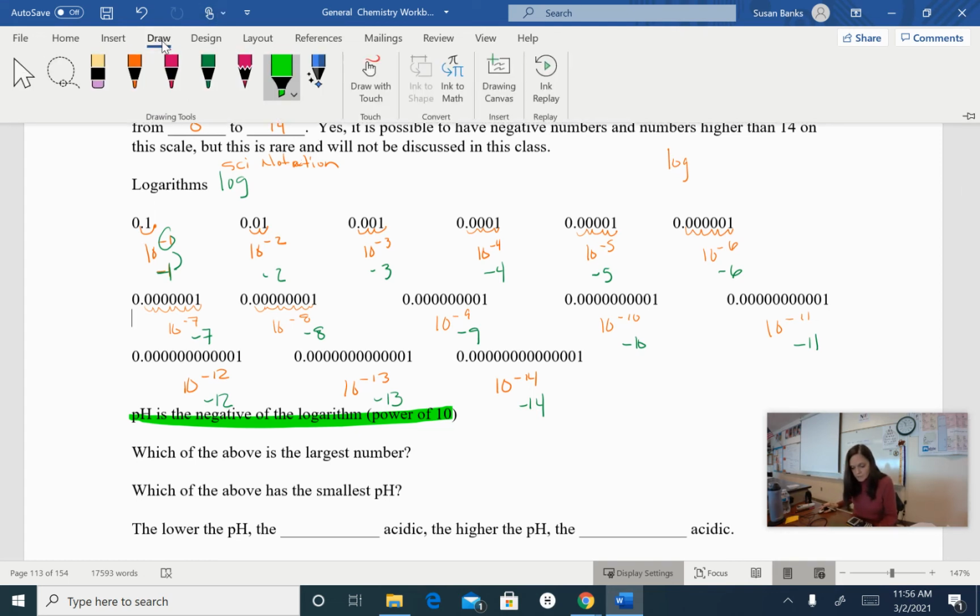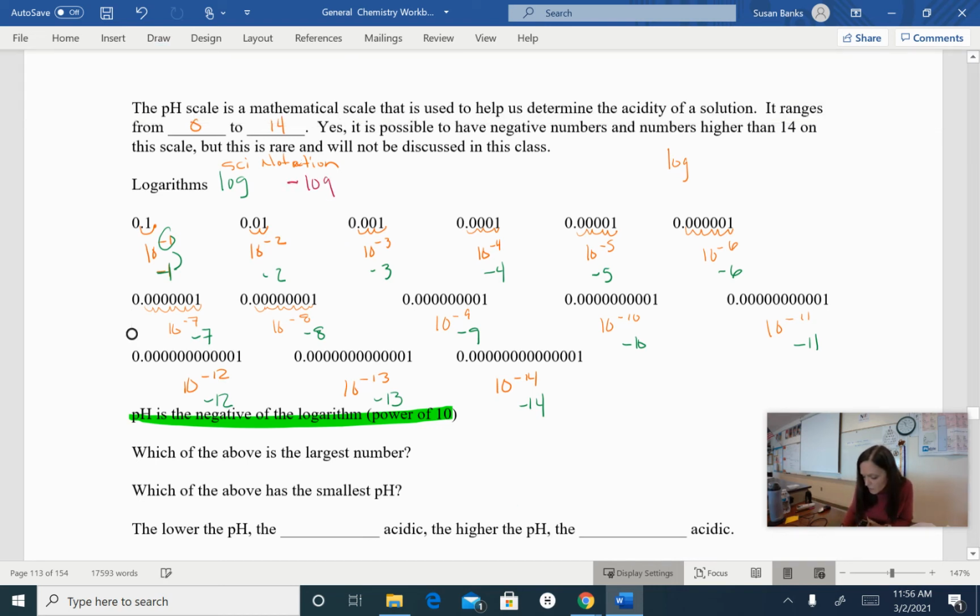Okay, it's going to let me. I'm going to do pink. So we're going to do the negative log in pink. If I do the negative log of this first one, I get 1. Now let's do the negative log of 0.01. Press negative log 0.01, close parentheses, and you will get 2, and 3.